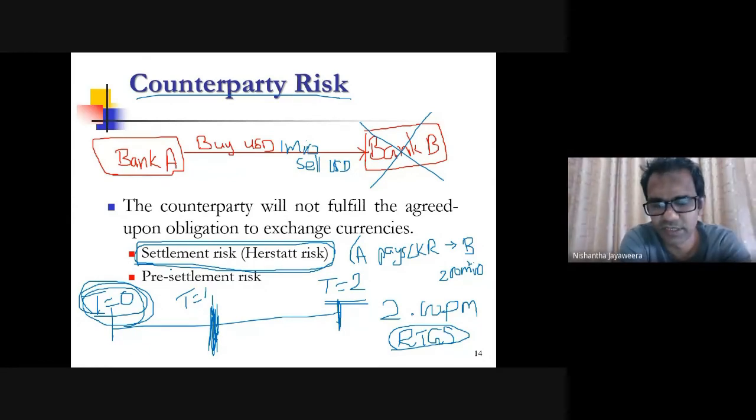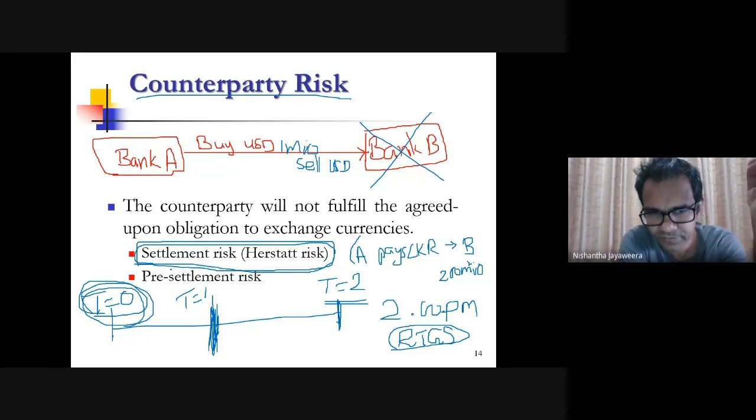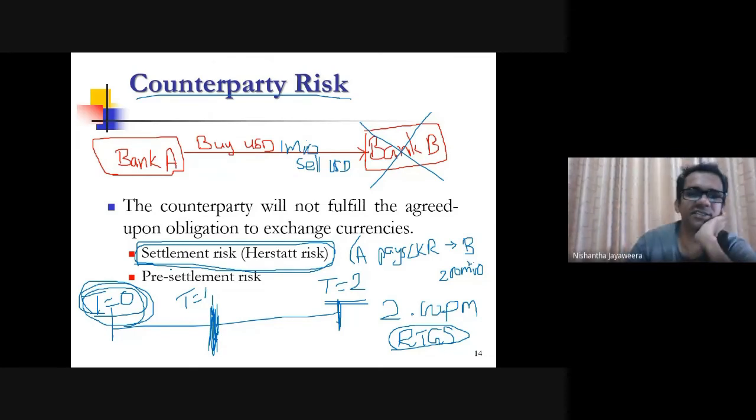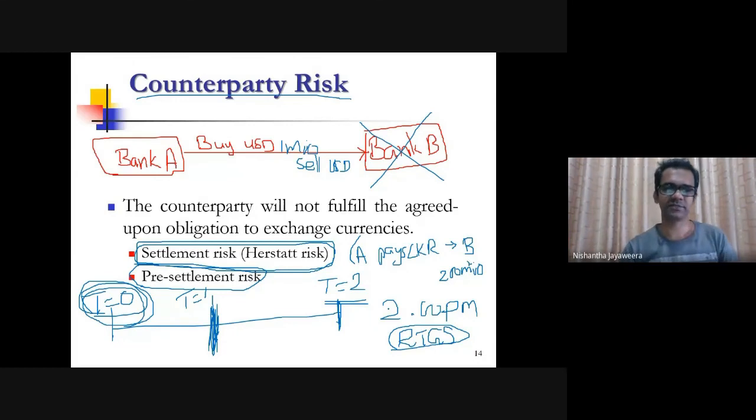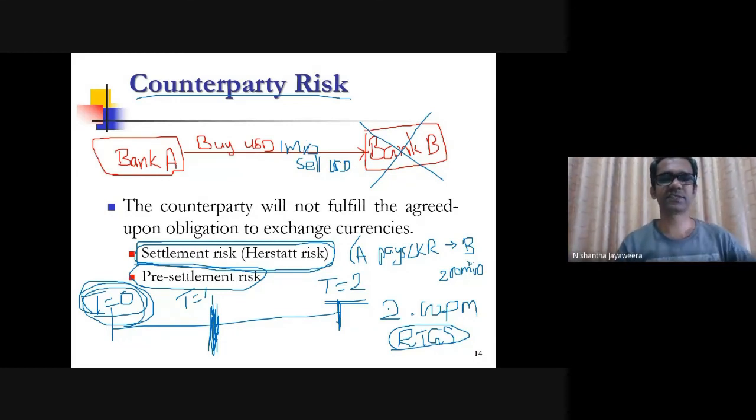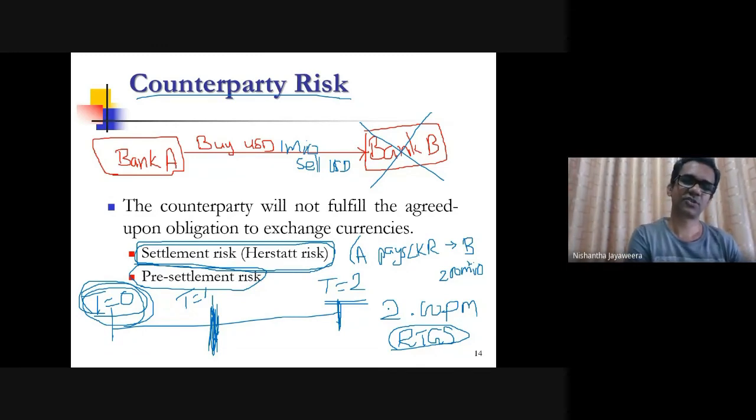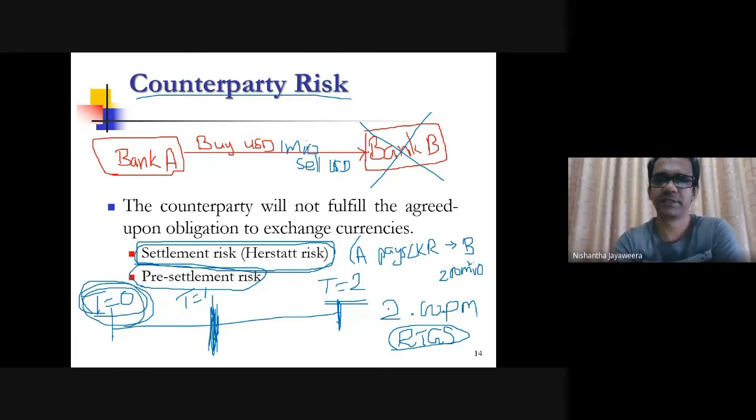You have to go through, again, maybe a broker, pay the brokerage and the rate difference. That risk is called pre-settlement risk. You are sure that your transaction is not going to settle, so you have to enter into a new transaction, replacing the previous one with a new one. There will be a cost on that. That is called pre-settlement risk.